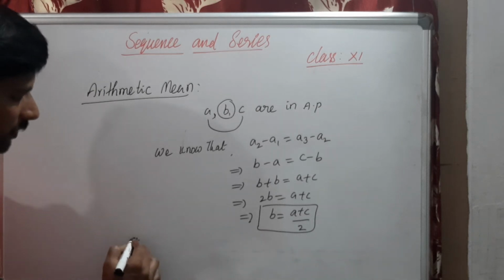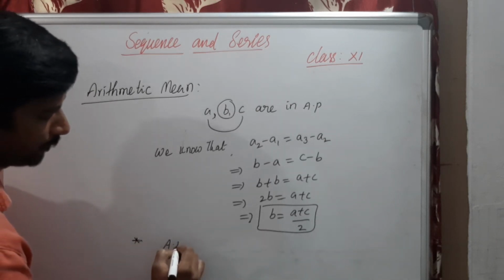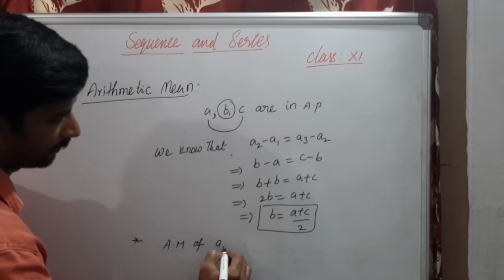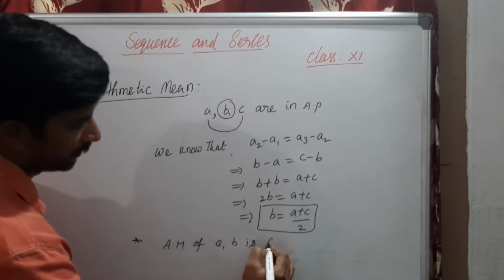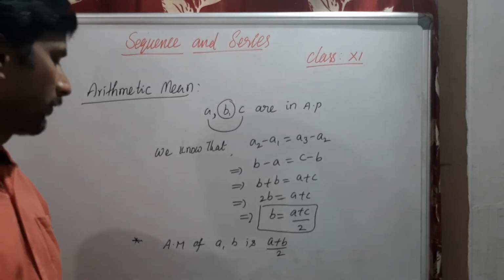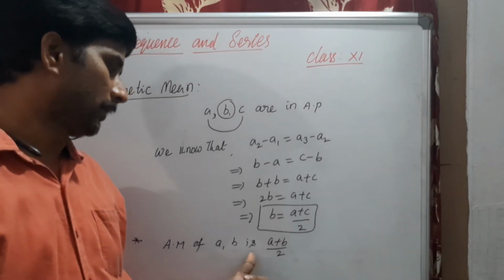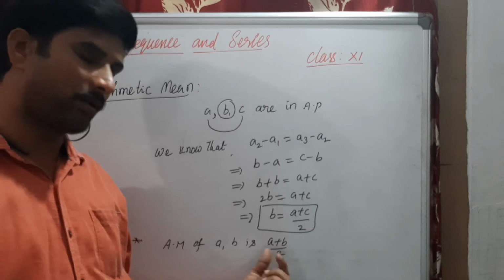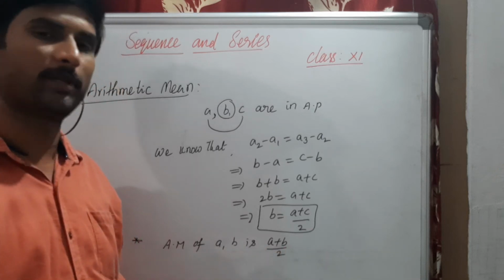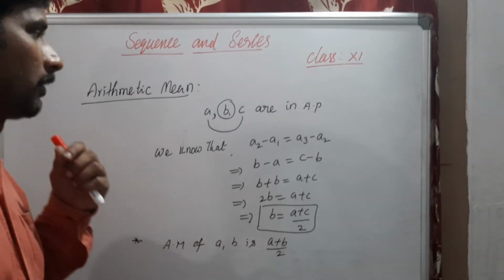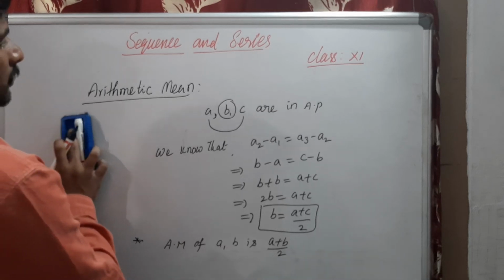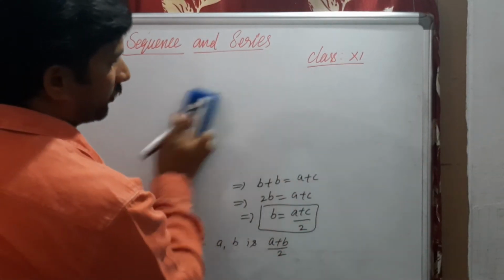Whenever two terms are given, the arithmetic mean of A, B is (A plus B) by 2. If two terms are given, A and B, then its arithmetic mean is nothing but the average of the given two terms, that is (A plus B) by 2. Now we can discuss some problems based on this arithmetic progression.